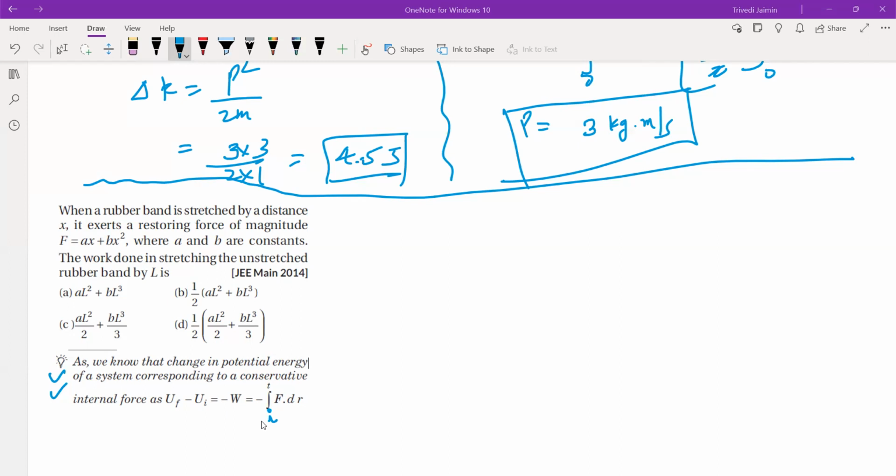Come on, solve it. I want this answer. You have to solve this. You need to solve in 1 minute. Don't take much time.